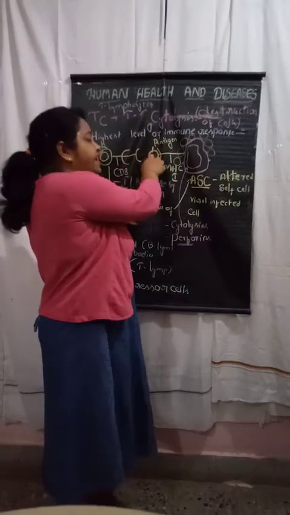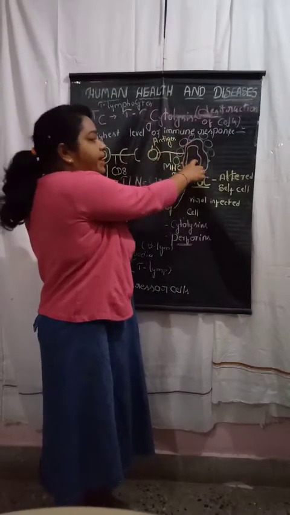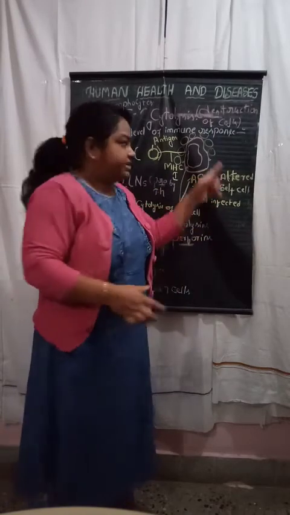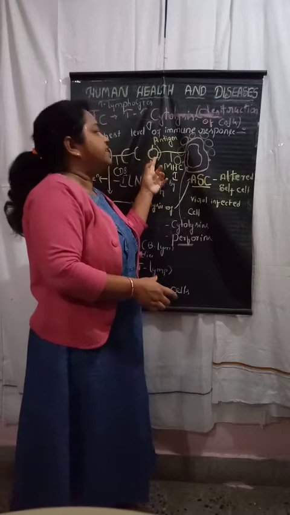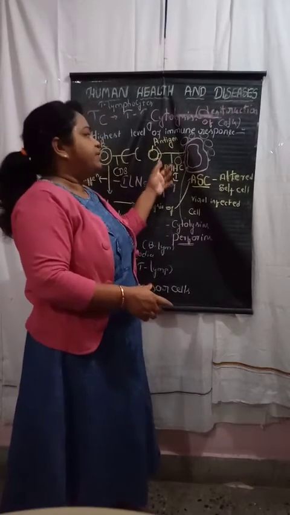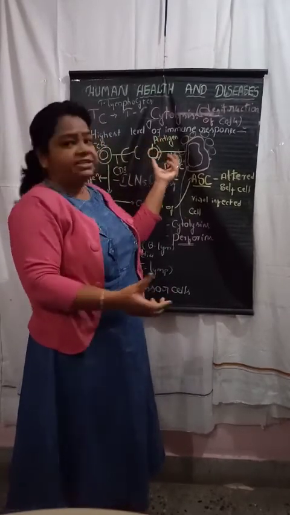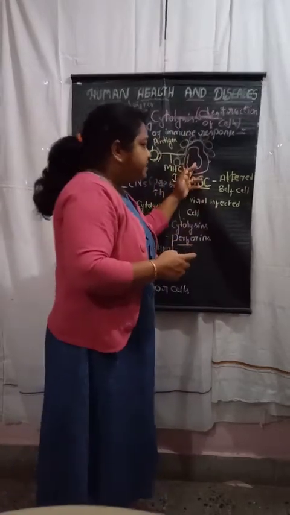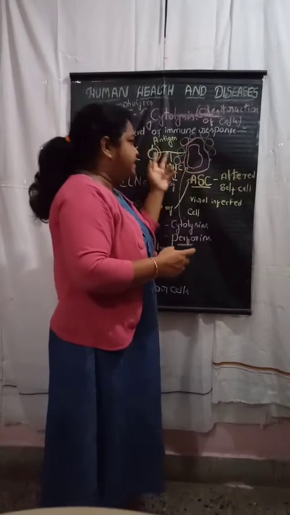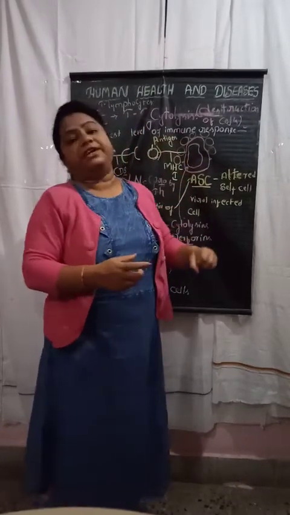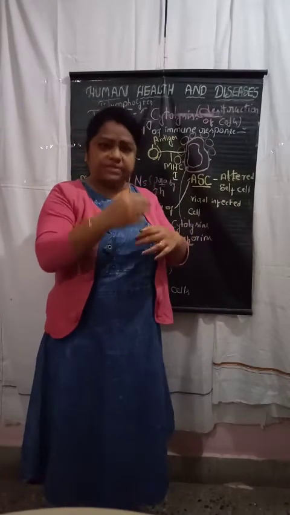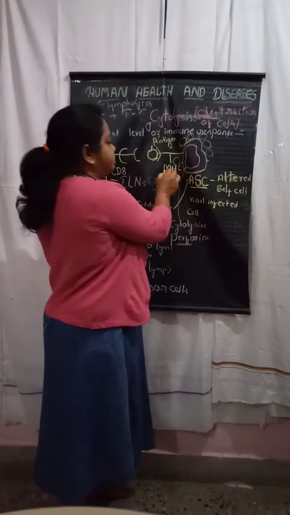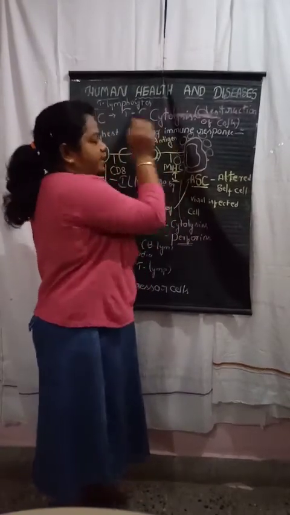Then this antigen is engulfed by these viral infected cells, which identify the antigen, take it inside and process it. So the antigen is engulfed into the cell, processed and displayed on the surface marker, MHC class 1.